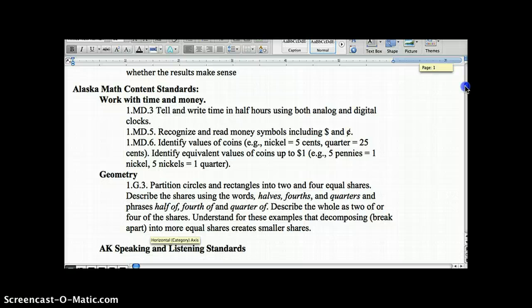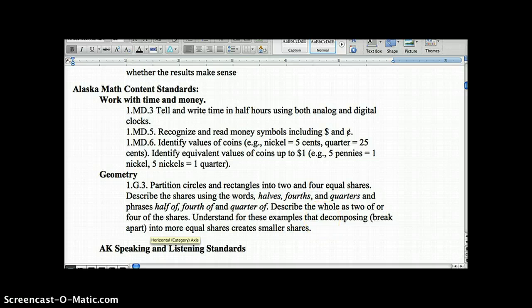The content standards that I chose were telling time to the half hour, using correct money symbols, identifying values of coins, and then the geometry standard down here, partitioning circles and rectangles into 2 and 4 equal shares, describing shares using the words halves, fourths, quarters, and phrases, half of and quarter of.